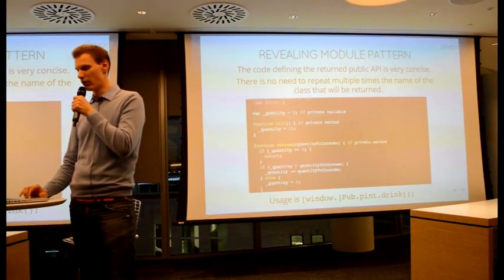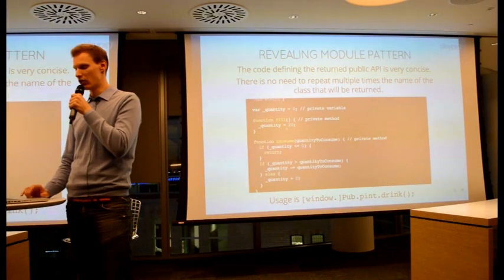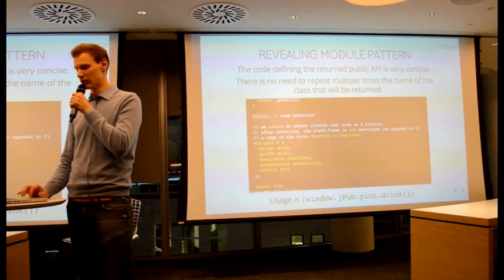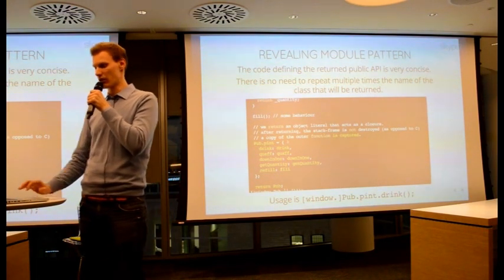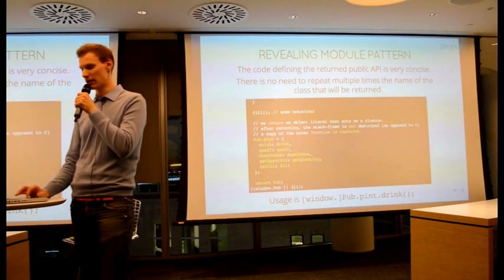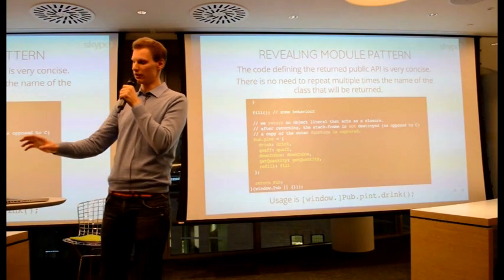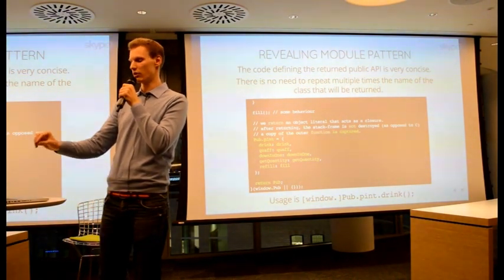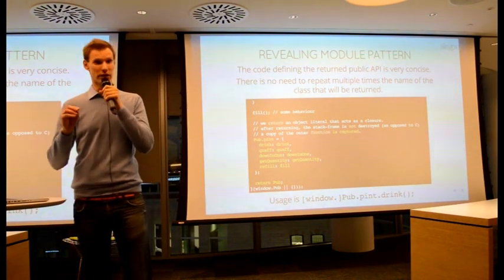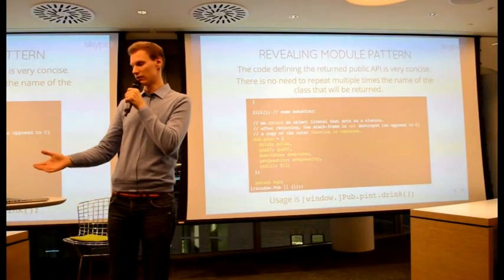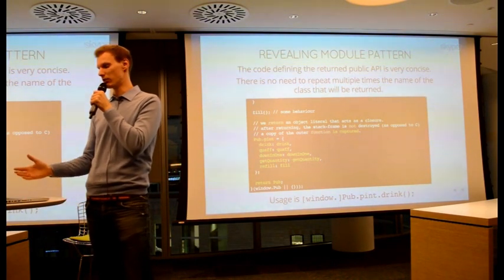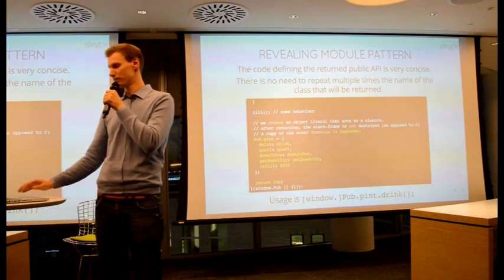We just write as we would normally write all our functions, our variables, and whatever we like, and then we set an object literal on our namespace, and we return the namespace. And this is quite nice because it is very concise and very understandable what will be the end public API of the object. To access the functions of these objects, it is just a matter of writing pub.pint.rings. So it's very simple.